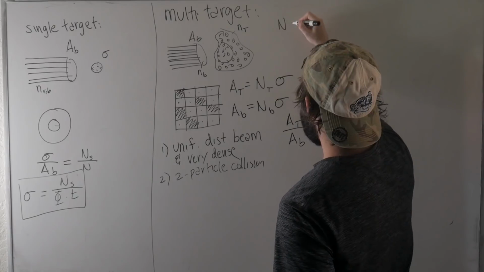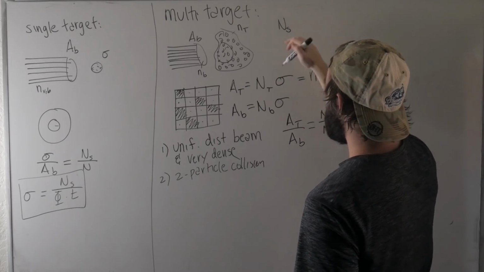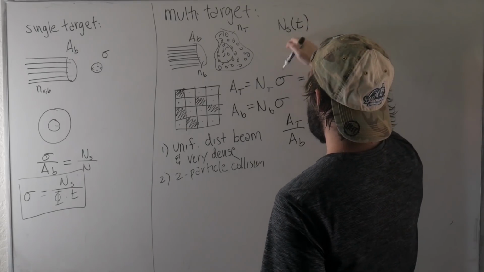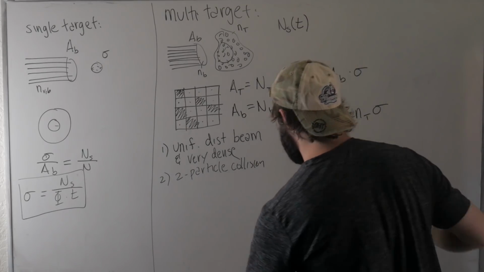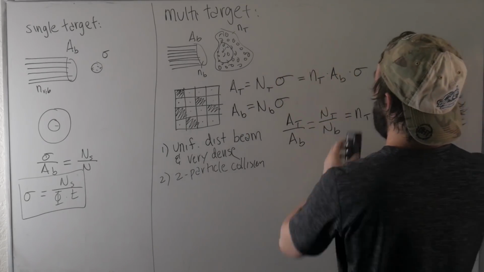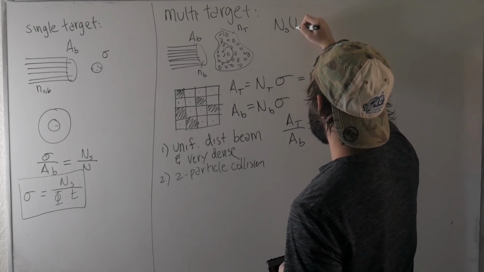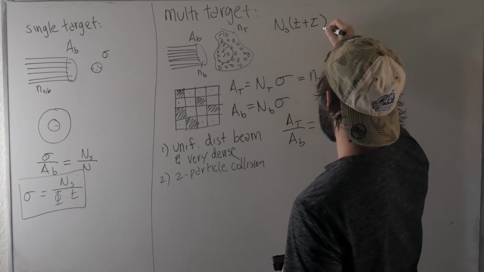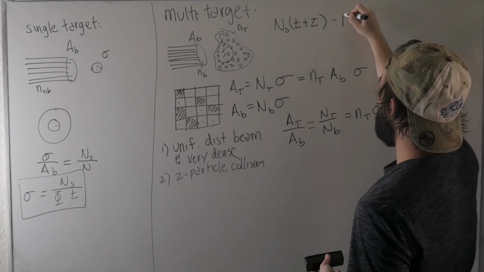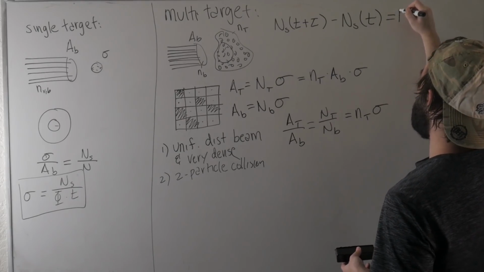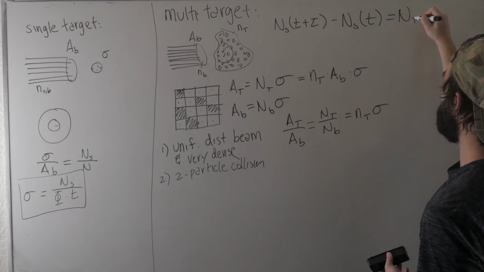So n_s, which is going to be the number of scatterings as a function of time, minus, actually let me do a step forward in time first, of t plus tau, minus n_s of t should be equal to the number of targets.